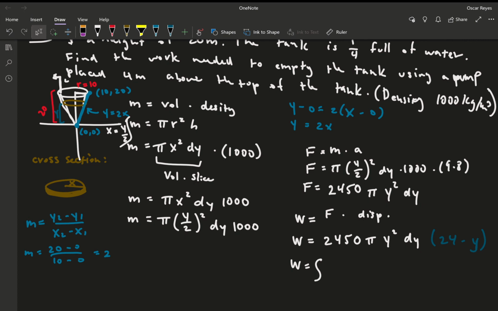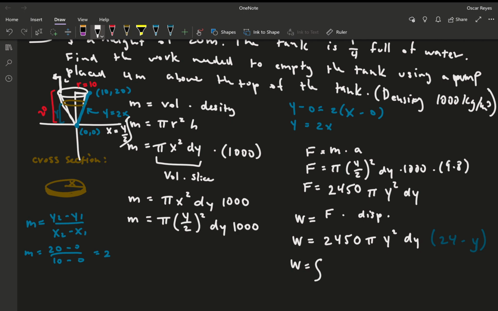So what is 20? 20 is from 0 to 20. That is the total distance of the conical tank, which means that it was fully full. But it wasn't. It was only a quarter full.